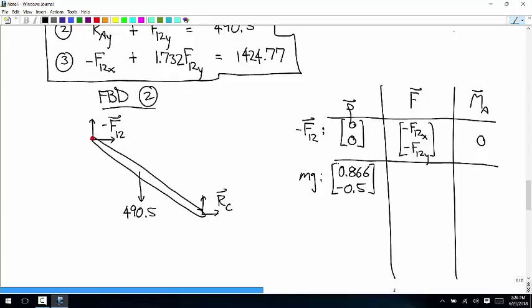The force vector is 0, negative 490.5. And the cross product is negative 424.77.